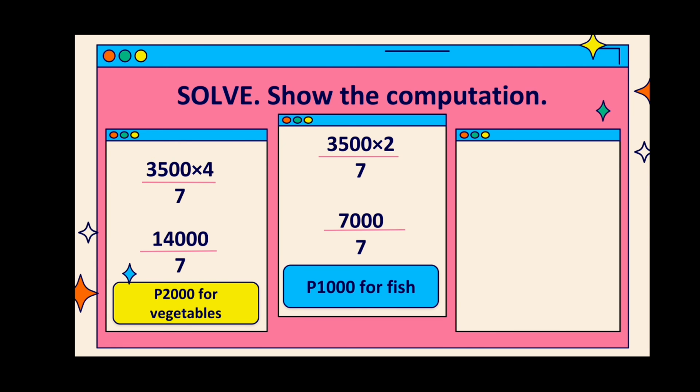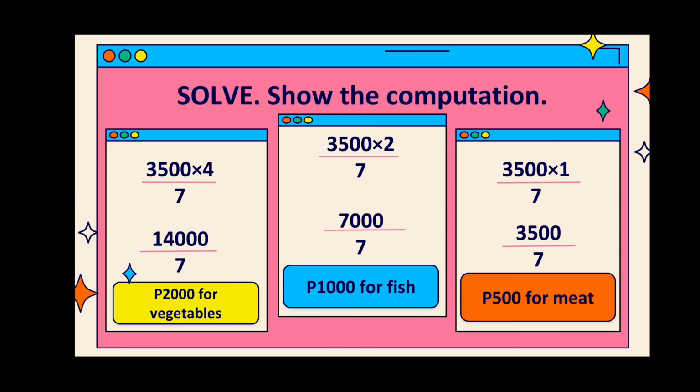Lastly, for meat, it's 1/7. So, we have 3,500 times 1/7, equal to 3,500/7. 3,500 divided by 7 is equal to 500. Therefore, the amount spent for meat is 500 pesos.